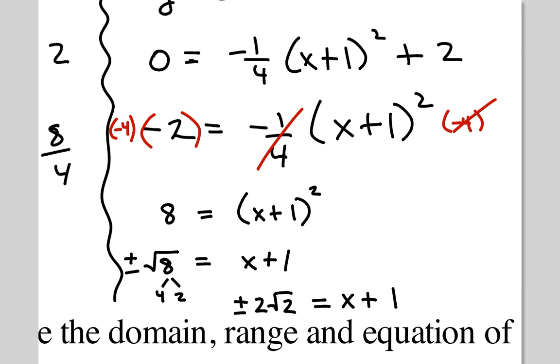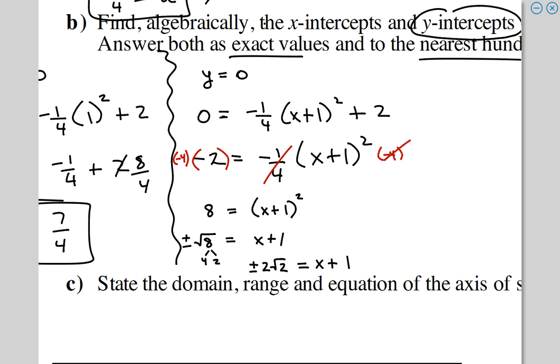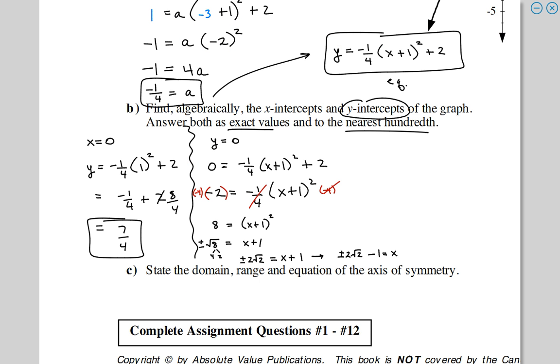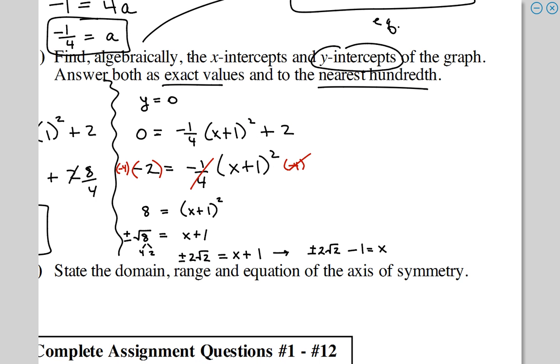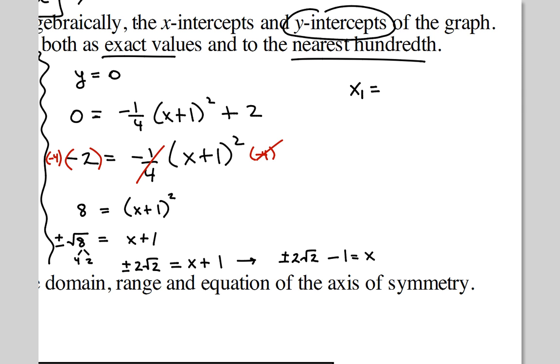And then finally you get plus or minus 2 root 2 minus 1 equals x. So now you can go and finish it off. x1 is positive 2 root 2 minus 1, and x2 is negative 2 root 2 minus 1.